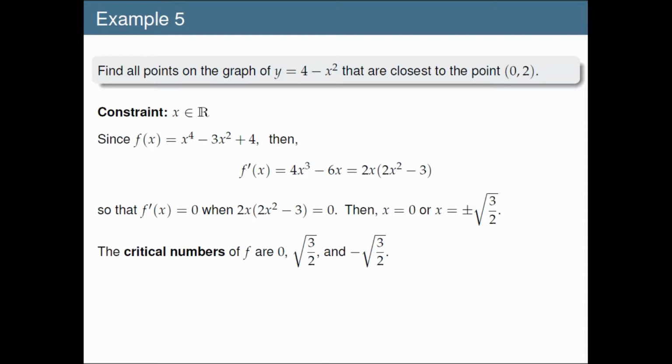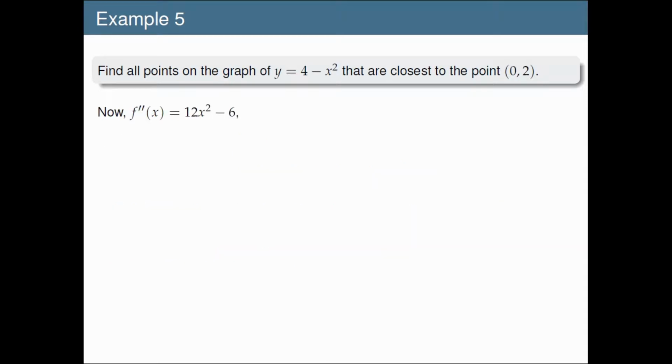Next, we get f double prime, which is equal to 12x squared minus 6. Tapos isa-substitute natin dito sa x yung mga critical numbers. So, if x equals 0, then this is the value of f double prime of 0. This is equal to negative 6.